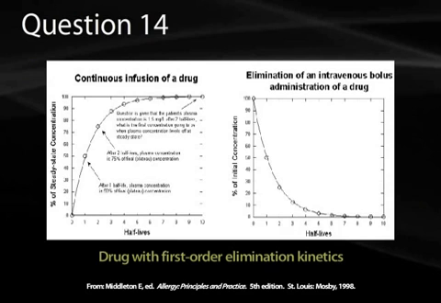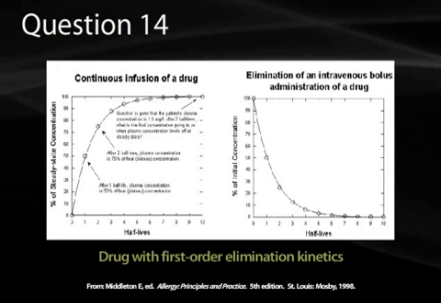And as you can see here in this chart, after 2 half-lives, the plasma concentration is always 75% of what your final plateau concentration will be. This is a general concept of half-lives that is something that you should memorize.